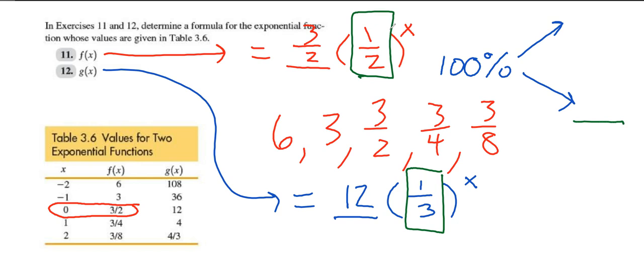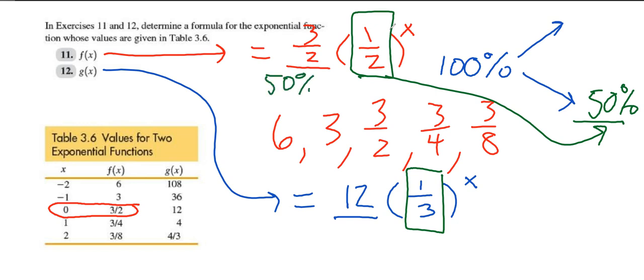Okay, so if we start at 100%, and this says that we are going down to 50%, how much did we lose? We lost 50%, so that's a 50% loss. Or 50% decrease.